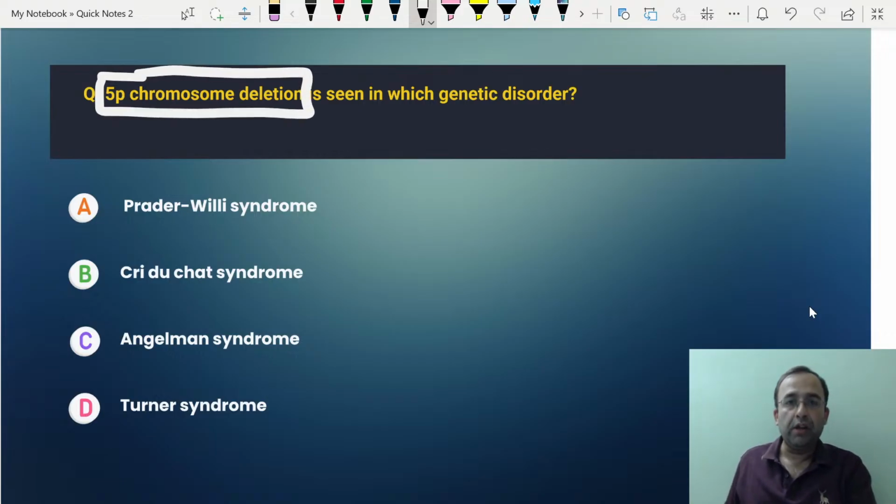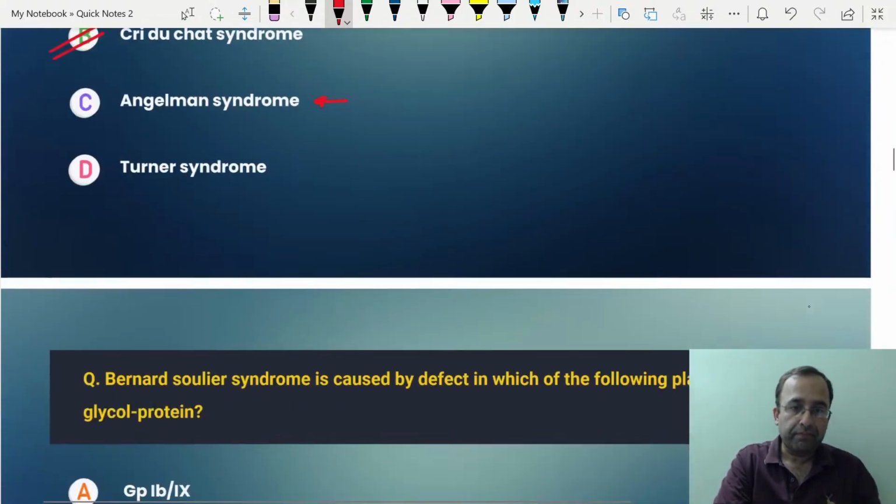Now, as soon as chromosome 5p deletion is given in the paper, of course it cannot be a case of Prader-Willi or Angelman syndrome, as these are conditions associated with genomic imprinting. It is not Turner's. Turner's is 45XO. So what is left? Cri-du-chat syndrome. Chromosome 5p deletion, Cri-du-chat syndrome.